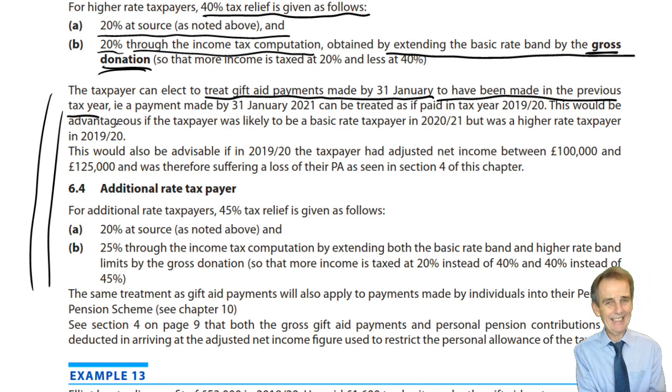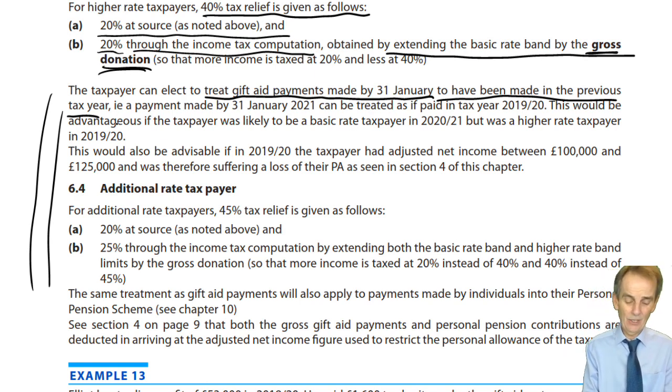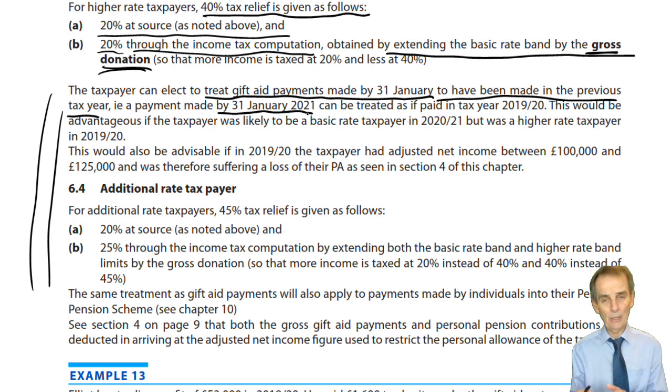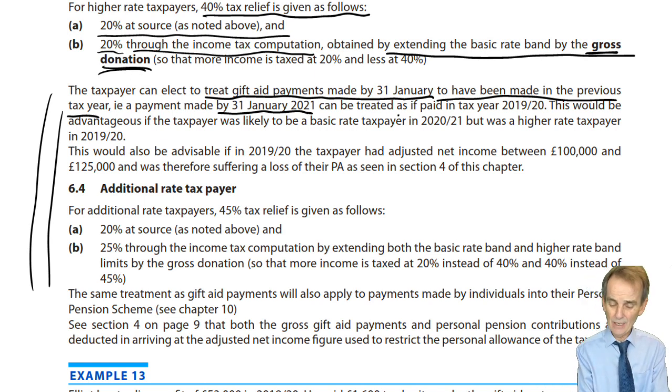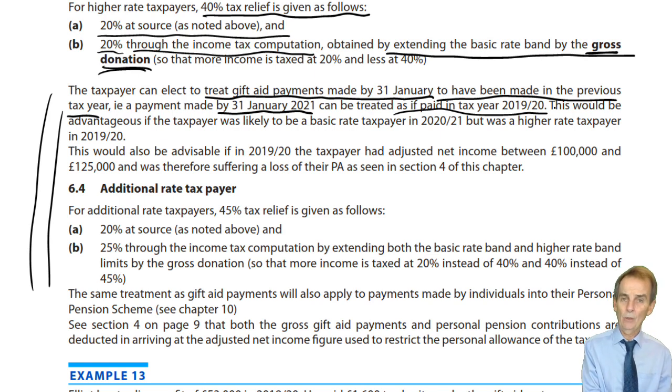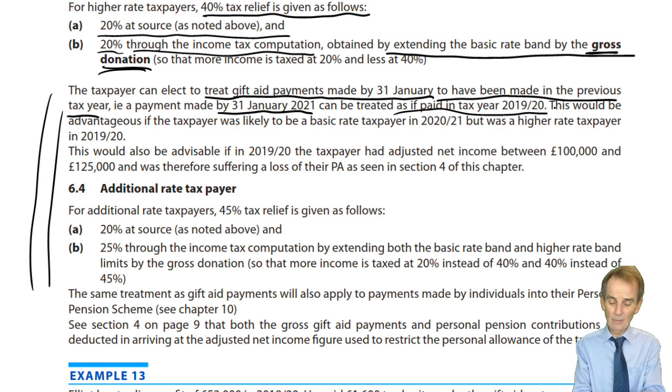You can backdate the effectiveness of this gift aid payment. So, a payment made by the 31st of January 2021, so that's in the 2020-2021 tax year, 6th of April 20 to 5th of April 21, can be treated as if it had been paid in the previous tax year, or what precedes 2020-21, that's going to be 2019-20.